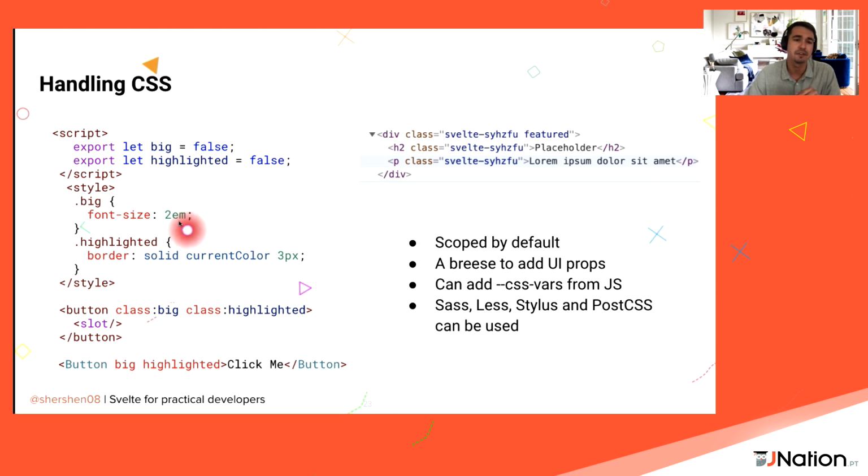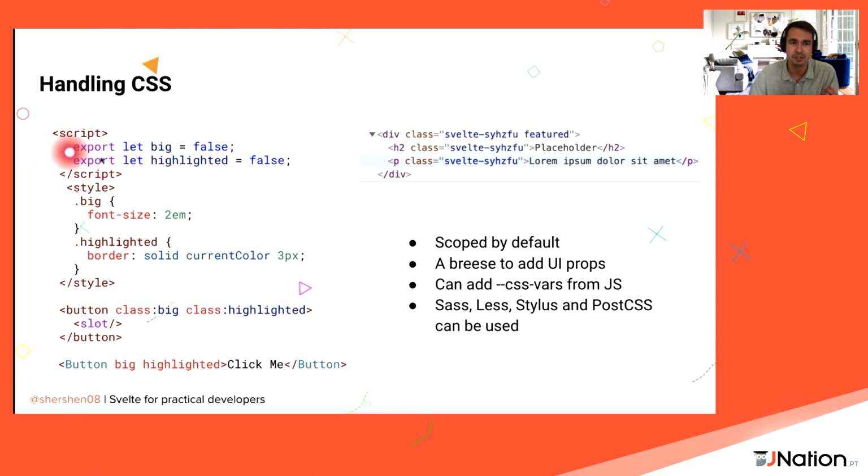A bigger button or a more color highlighted one. Svelte can pick them up and map them to the classes that are described in this component. And then where you're using it, you can just state the properties, because those two, big and highlighted, are actually the properties declared.